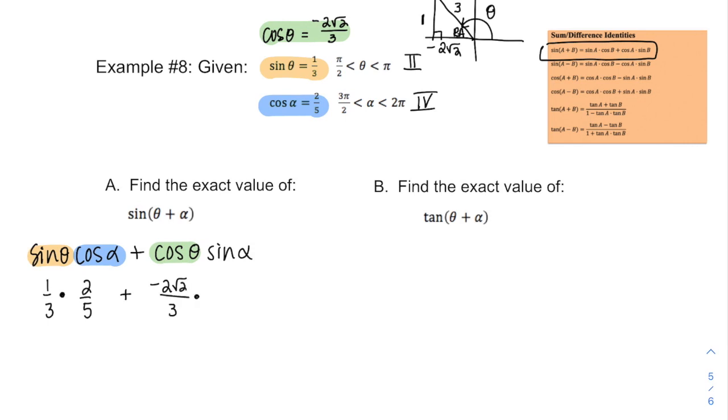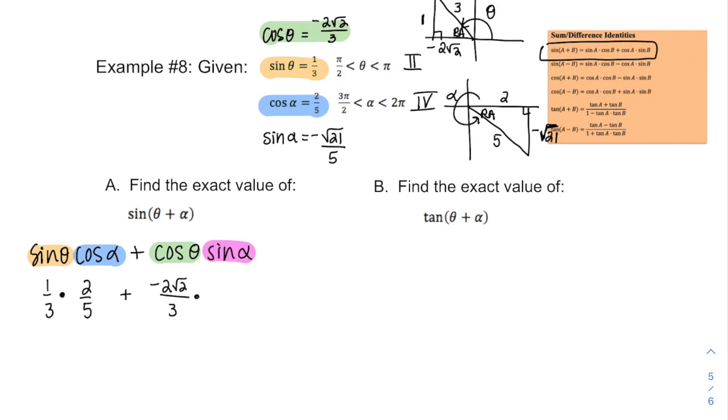I'm going to do the same thing for alpha. Alpha's in the 4th quadrant. I'm going to draw my reference triangle. Here's alpha. Here's its reference angle. I know cosine is the adjacent side over the hypotenuse. And so if I do 4 plus y squared equals 25, I get negative square root 21. Negative because of the direction, not because of the Pythagorean theorem at all. Which means sine alpha is negative root 21 over 5.